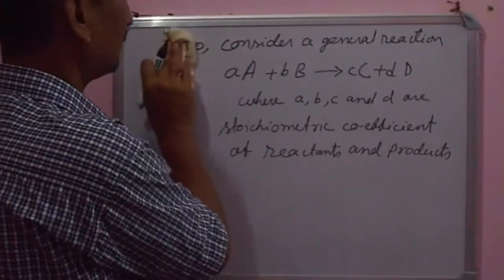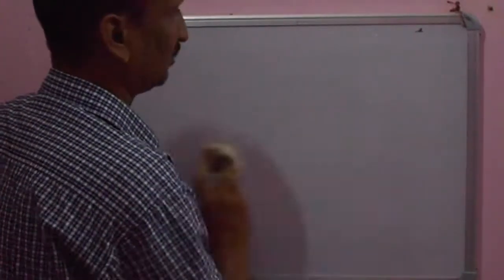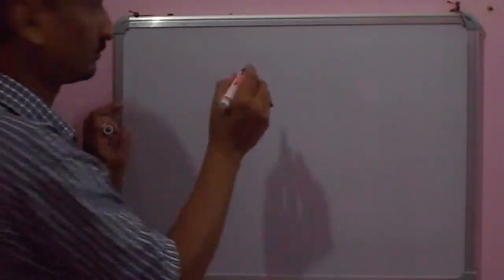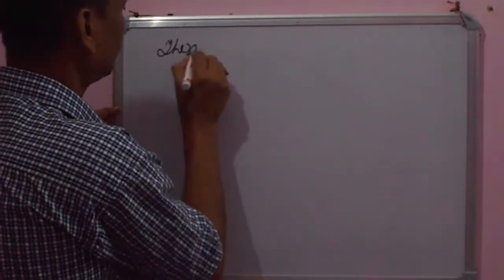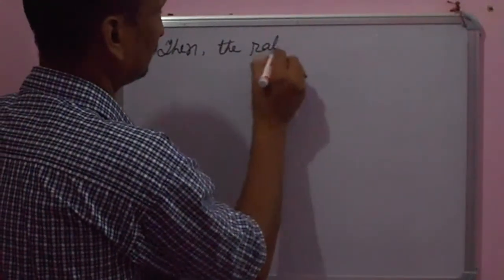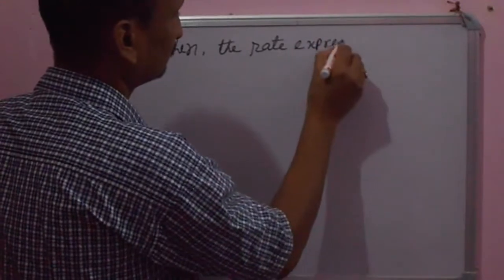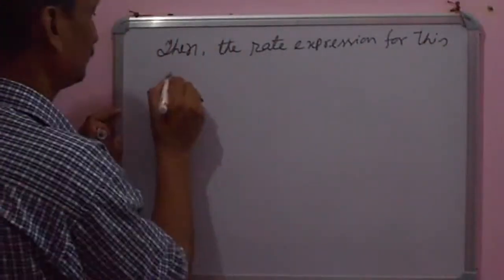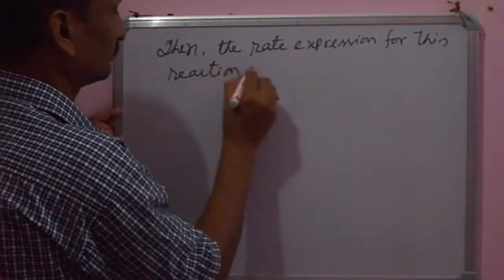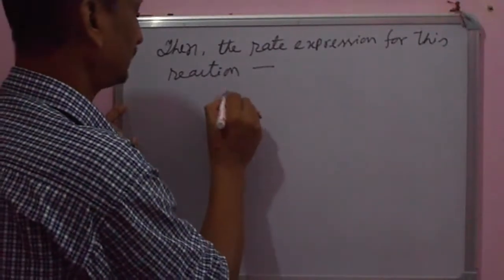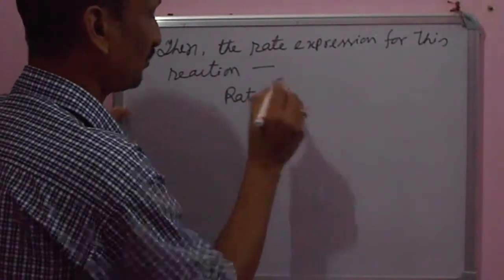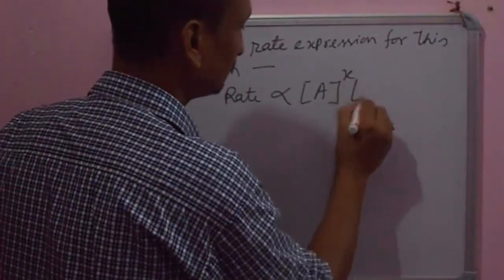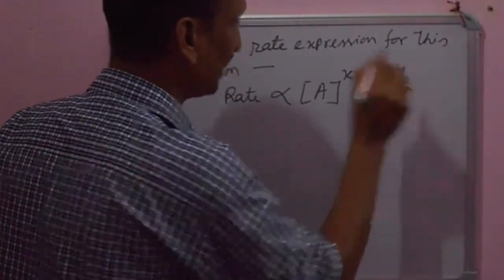Then the rate expression for this reaction: rate is proportional to concentration of A to the power x, concentration of B to the power y.